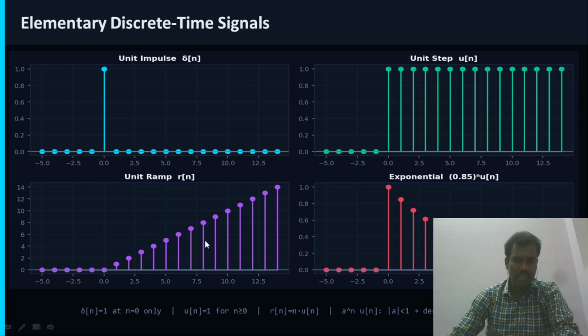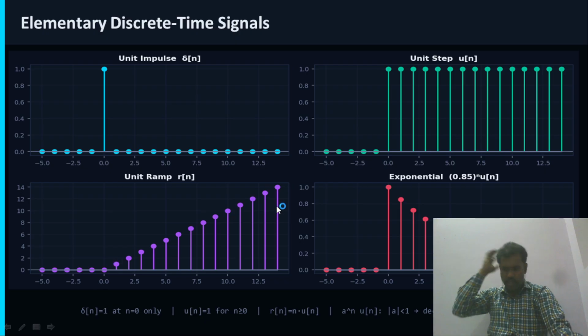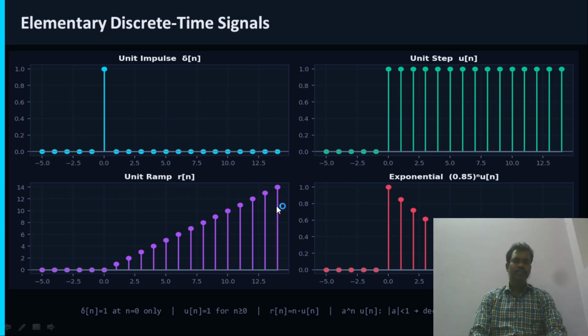A ramp signal is a linear signal which varies with time linearly. When n is equal to 0, the amplitude is 0. If n is equal to 1, the amplitude is 1; if n is 2, the amplitude is 2; if n is 3, the amplitude is 3; if n is 4, the amplitude is 4.